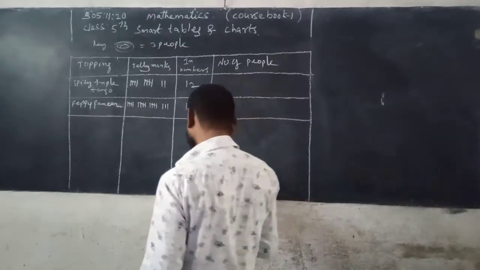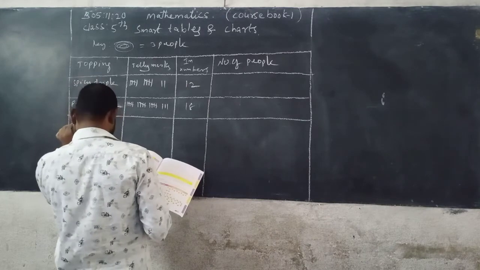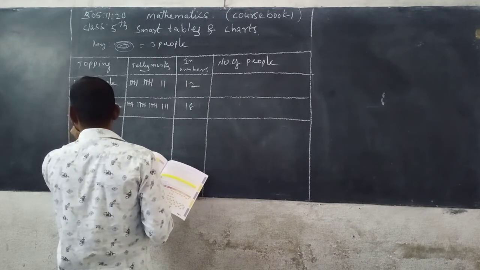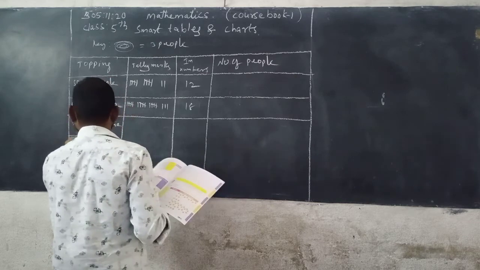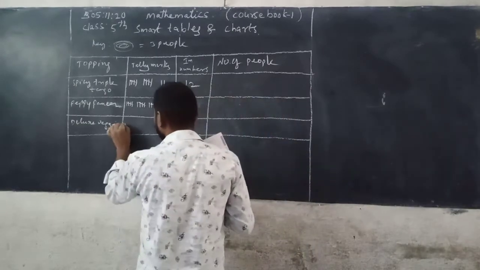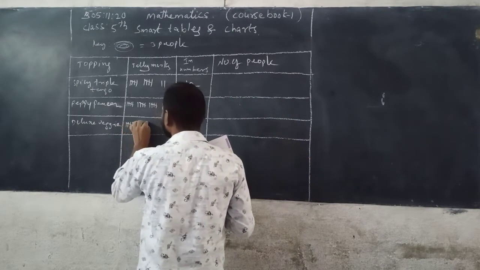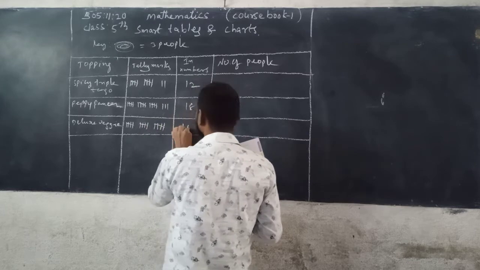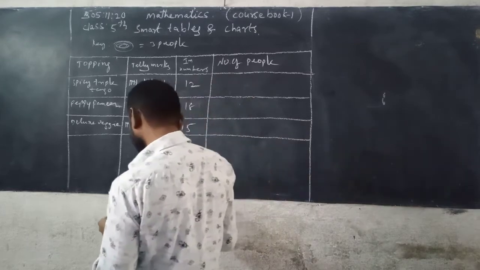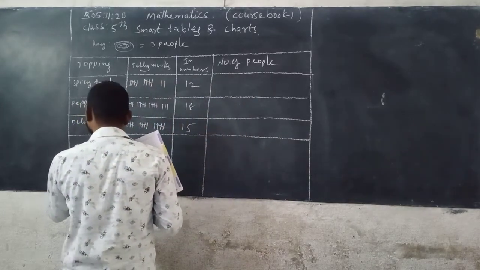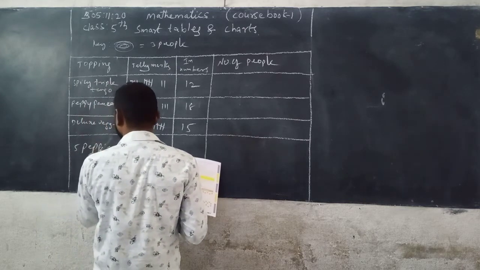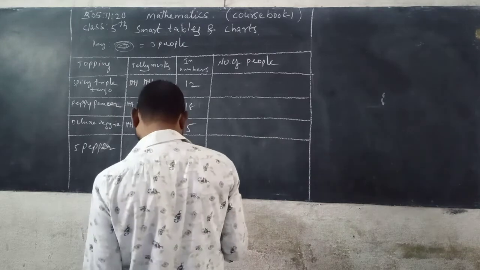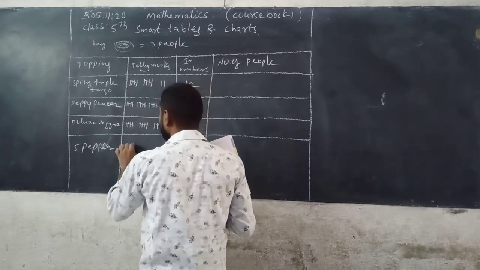Next, deluxe veggie 15. Next, pepper, that is also 15.